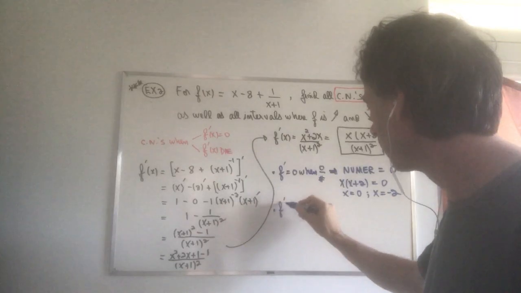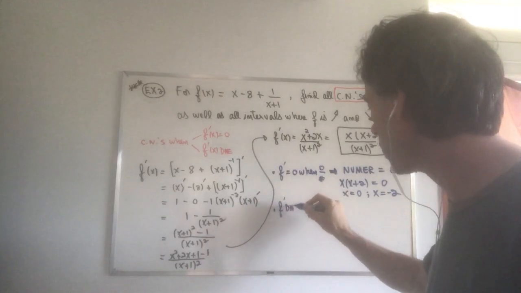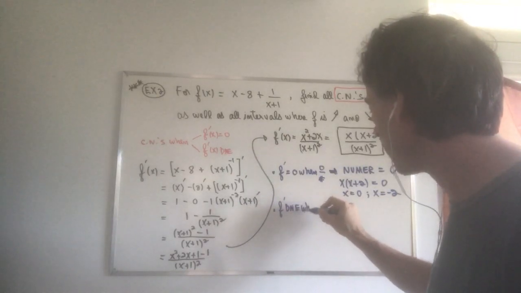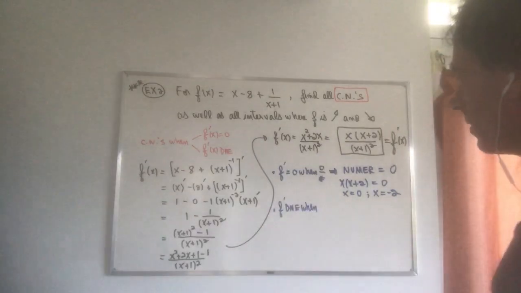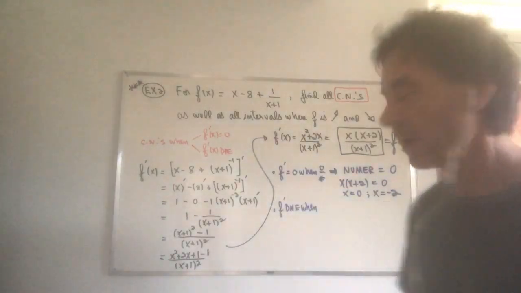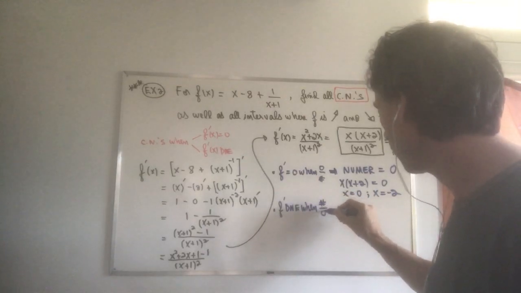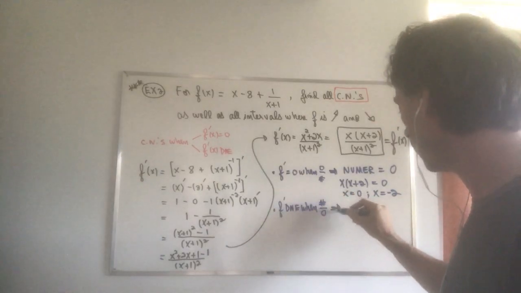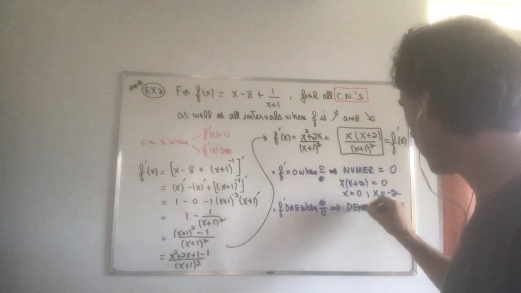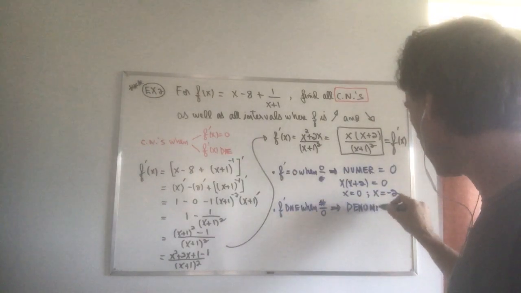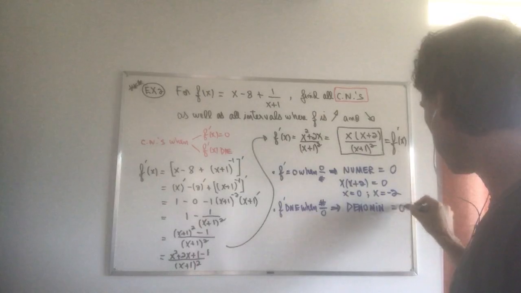f prime does not exist. When does that happen? When is it that a fraction does not exist? Well, that's the opposite. When you have a number over 0. In other words, when the denominator equals 0.